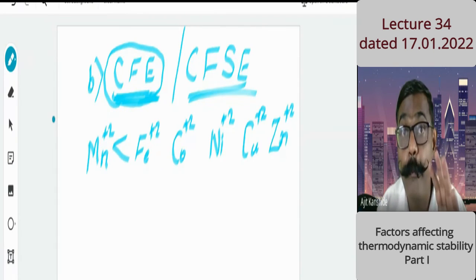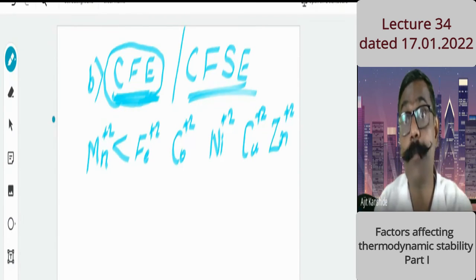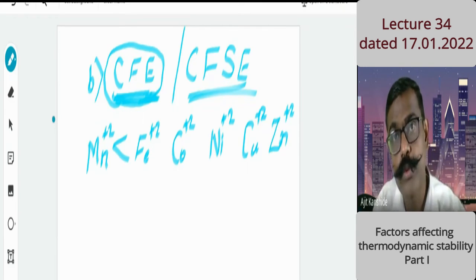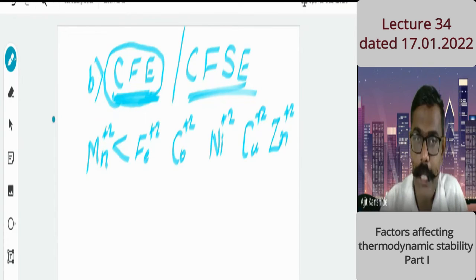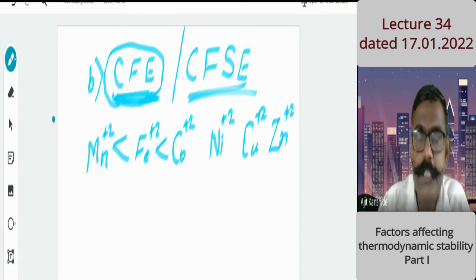I'm not talking about the metal ion, I'm talking about the complex of that metal ion. The complex of Mn plus 2 is less stable than the complex of Fe plus 2. Fe plus 2 is less stable than Co plus 2.